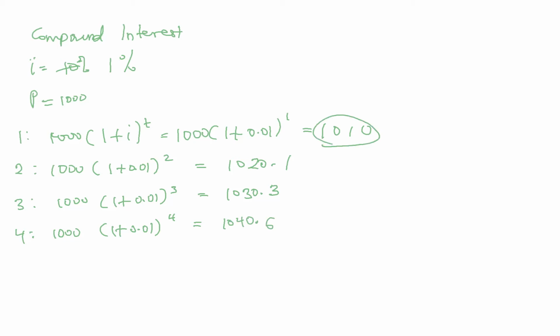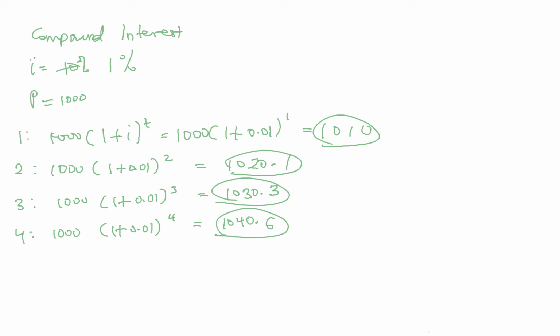So if you look at these accumulated values, you realize that we are earning the 10 cedis at the end of the first year, but we are earning 20.1 at the end of the second year, 30.3, and then 40.6 respectively at the end of the second, third, and fourth years.